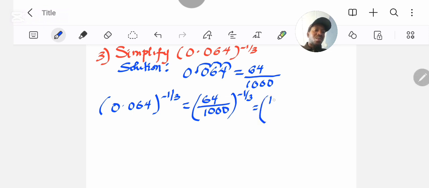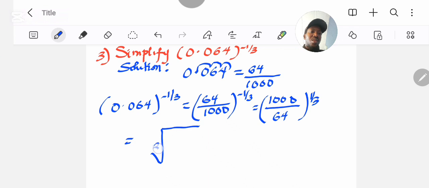So it becomes 1000 over 64 raised to power 1 over 3. Okay, so from here now, we have that this is the same as cube root. Don't forget the denominator, which is 3, comes to the root side. 1000 over 64, all raised to the power of 1.